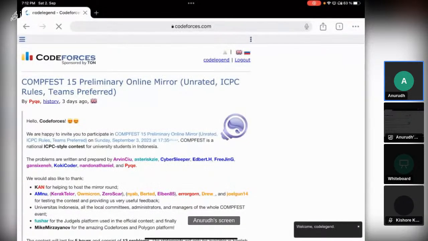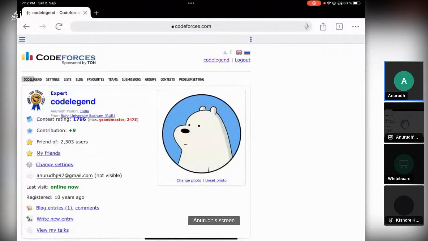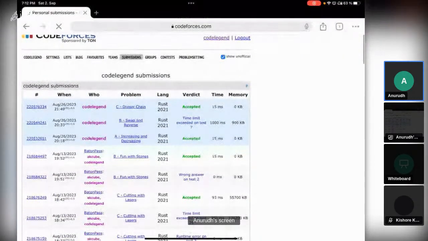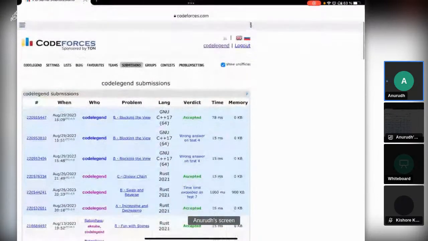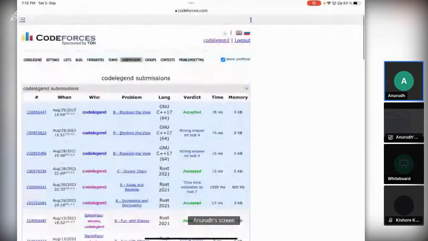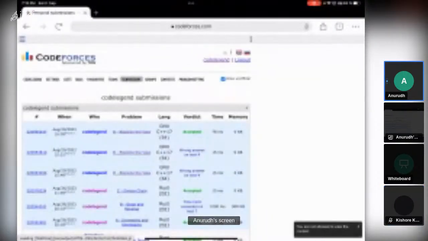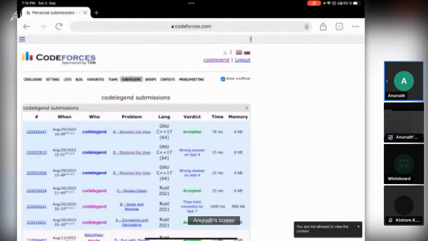How do I check my submissions? Does it show gym submissions here? You have to, no, go through groups, I guess. It doesn't open here. Okay, maybe it opens here. You're not allowed to view the contest. Why?